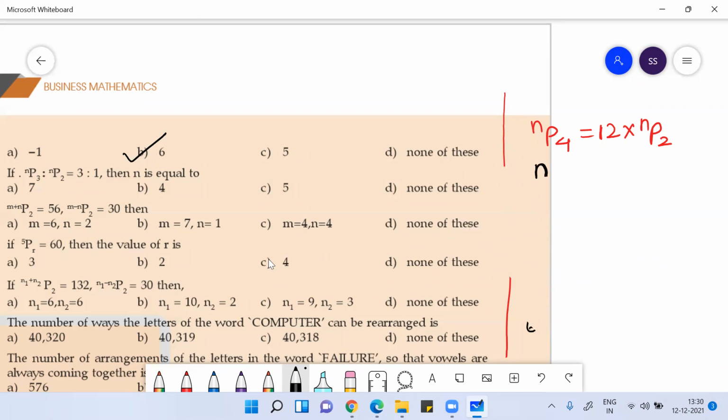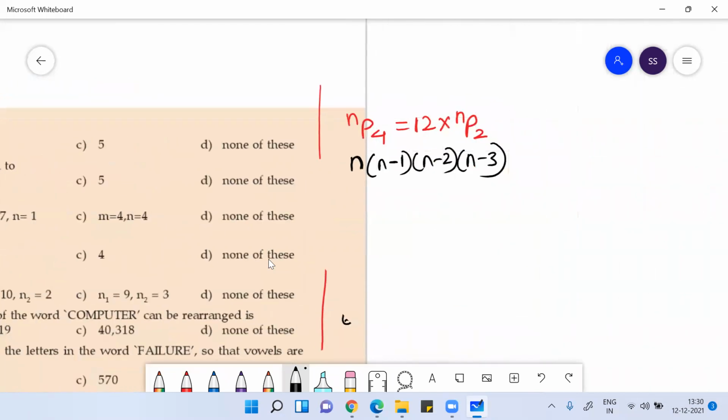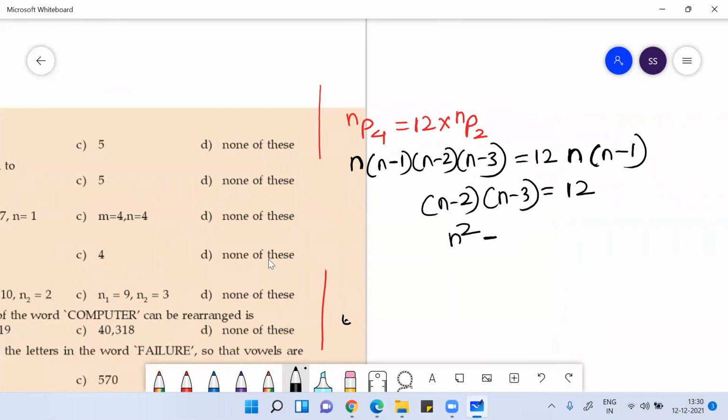nP4 means n into n minus 1 into n minus 2 into n minus 3. This is equal to 12 into nP2, which means n into n minus 1. So n into n minus 1 will get cancelled. So n minus 2 into n minus 3 is equal to 12. Now if I open the bracket, n square minus 3n minus 2n plus 6 is equal to 12.